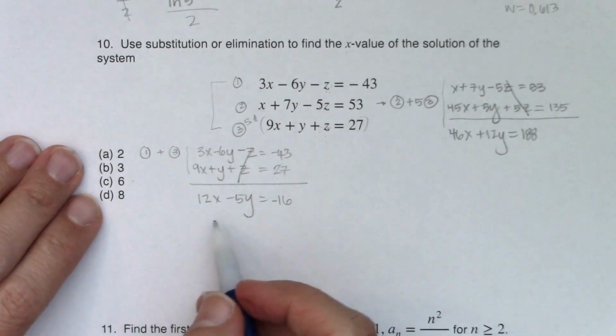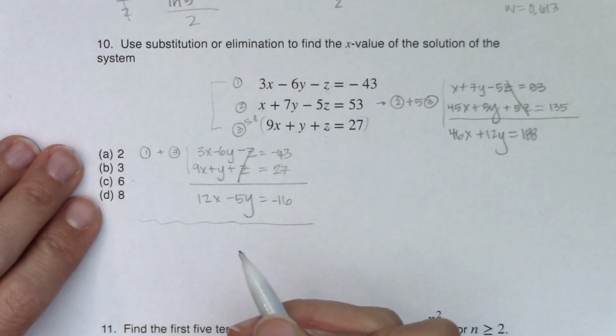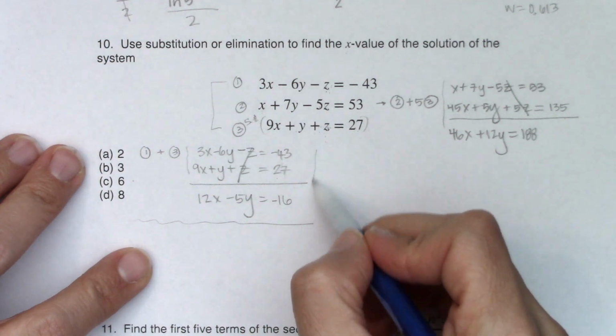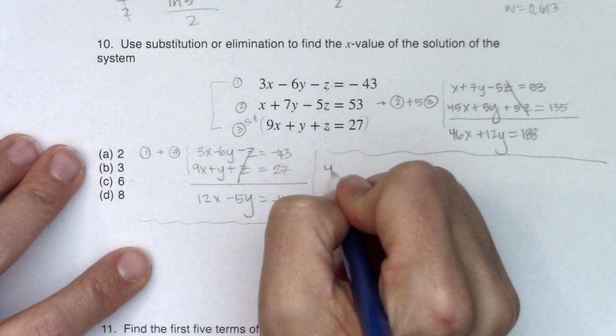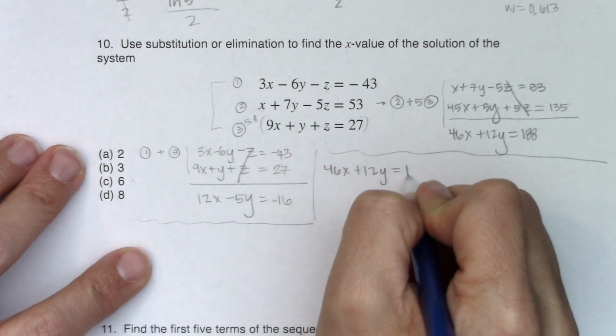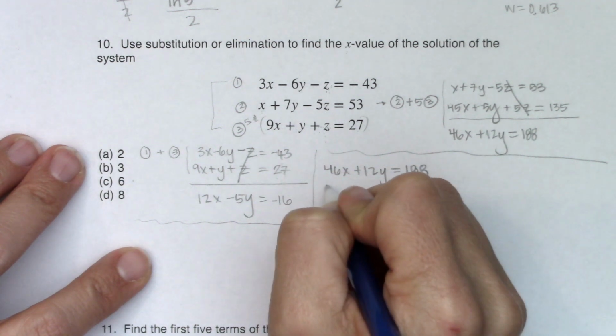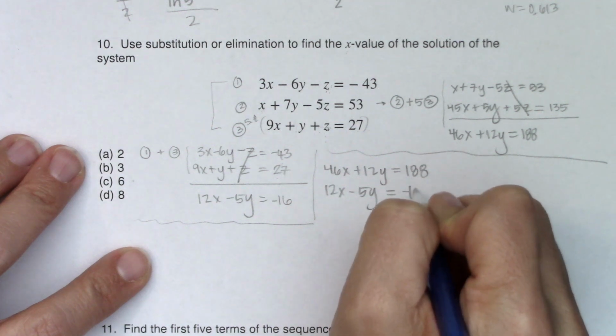Okay, so now let's look at the 2 by 2 I've created. I'm going to put that work over here because I just want to make sure we can see it. I'm going to look at 46x plus 12y equaling 188. And then 12x minus 5y equaling negative 16.